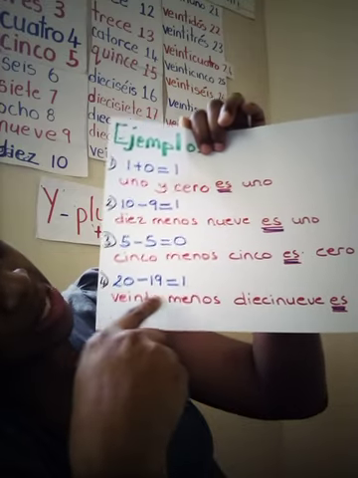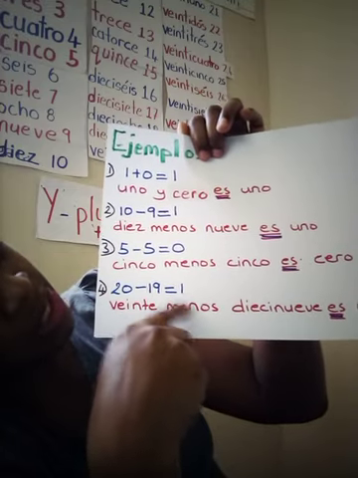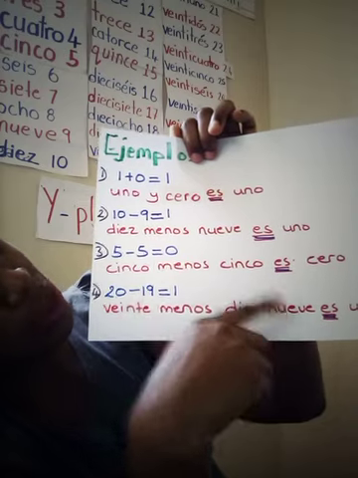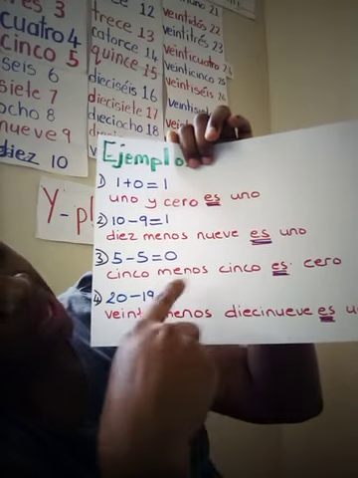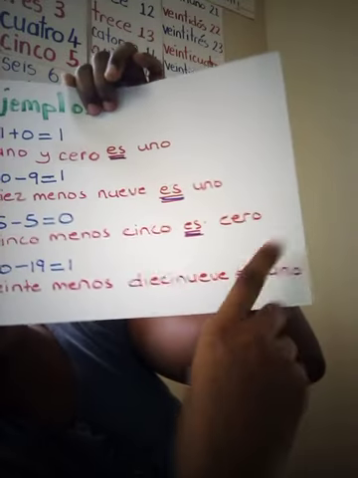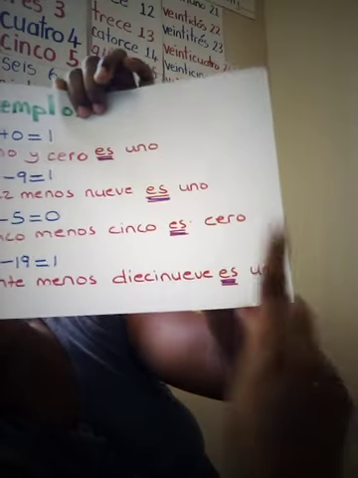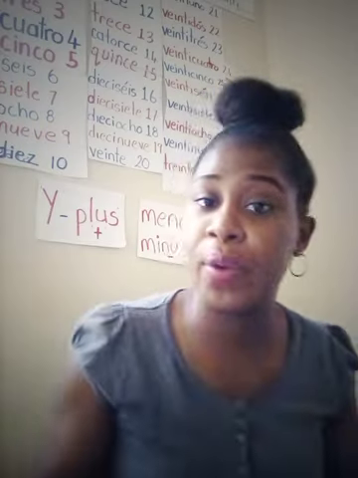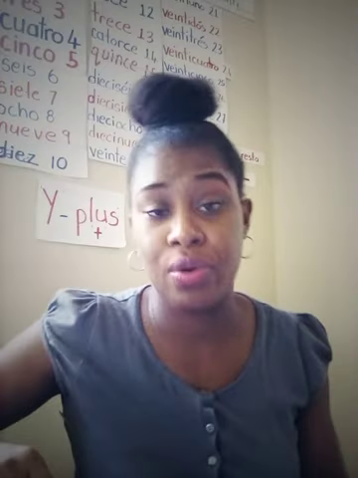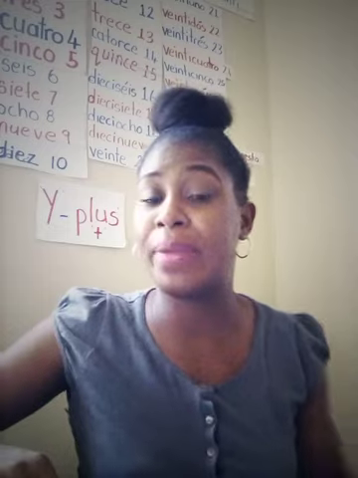Veinte is 20. Menos is minus. Diecinueve is 19. Es is equal. And then 1 is uno. And remember we said we use es because the answer is uno or cero, 1 or 0. That's the only time we're going to use the word es when we're writing our answers for our mathematical problems in Español.